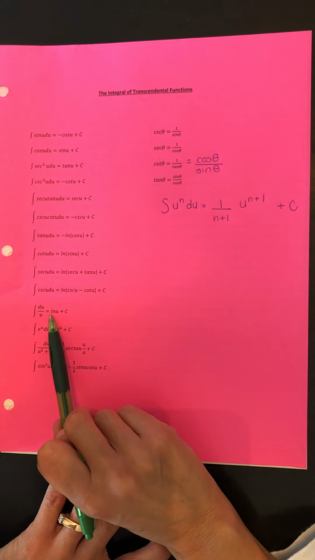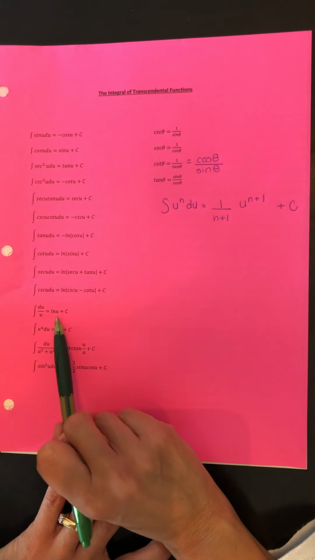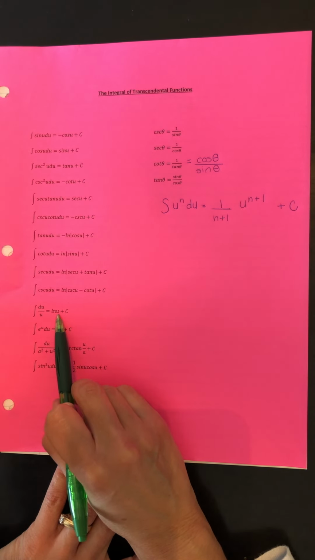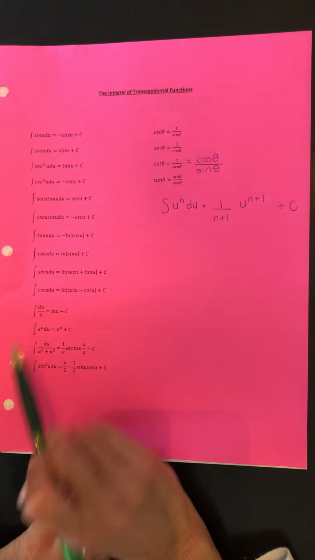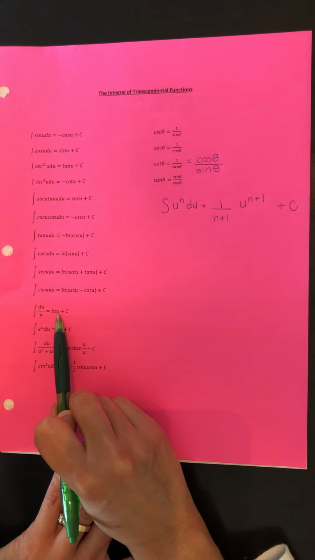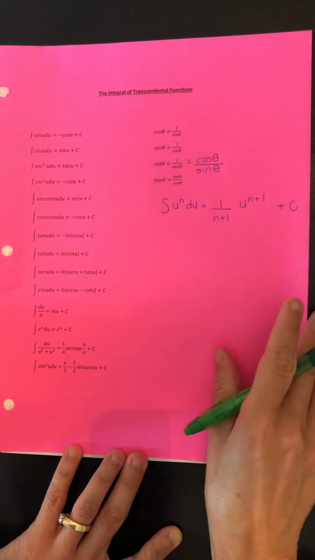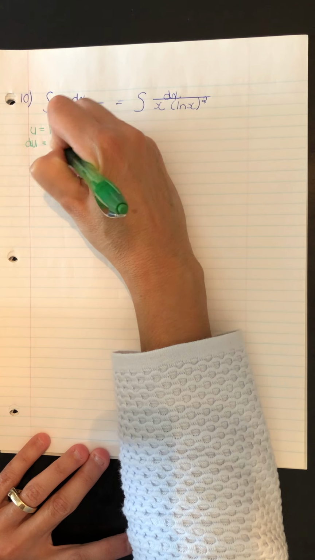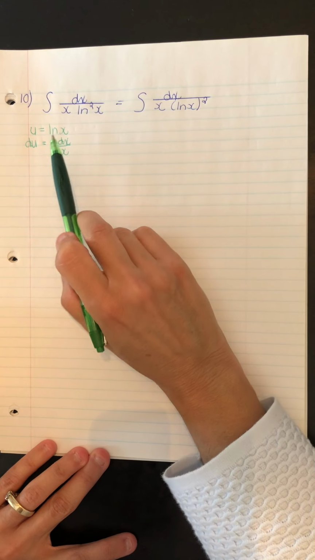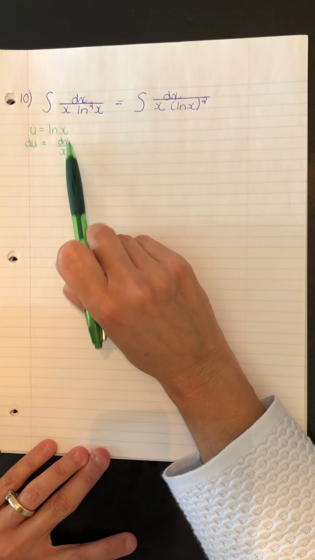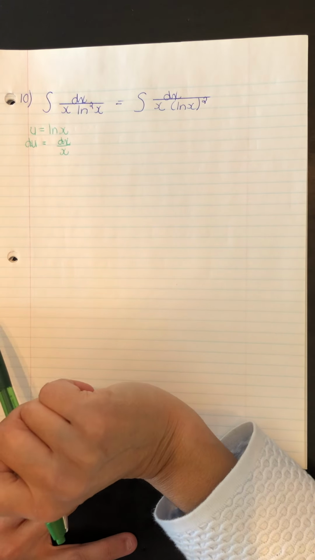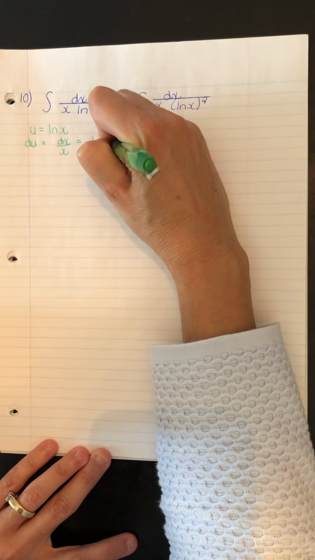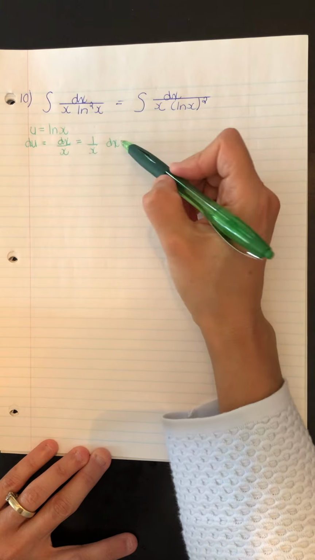Okay, so the integral of du over u is ln u, but the derivative of ln u is du over u. So the derivative of ln x is dx over x, right? So this is dx over x, which is the same as 1 over x times dx, right? So that's the same as this, if you like this better, 1 over x times dx. These are both exactly the same.